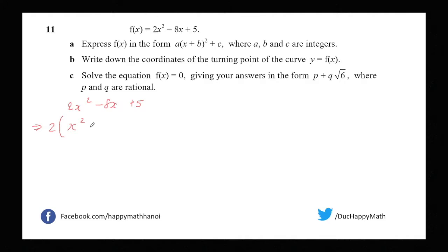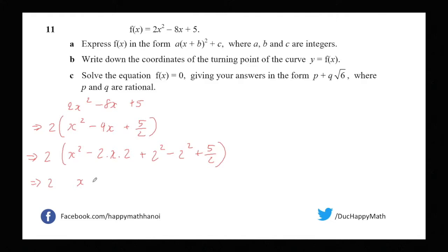So when you take 2 outside, the remaining number is minus 4, and this is 5 over 2. Then a squared minus 2ab plus b squared. Of course you have to minus b squared, and then add the constant number.